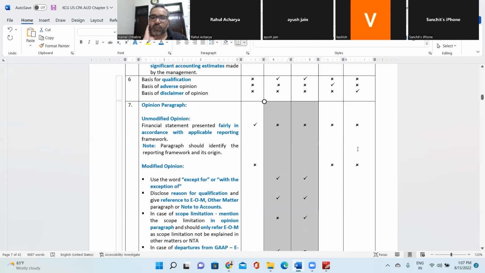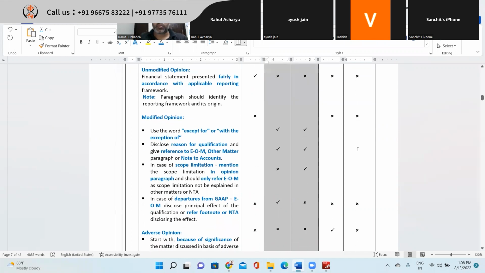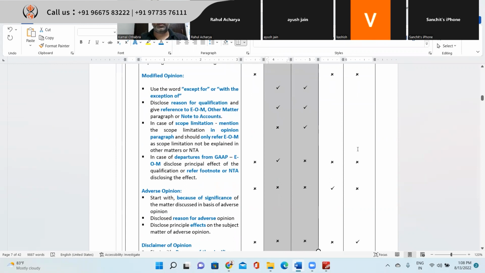What is the basis of qualification? First you need to mention it, and then in your audit report, in the opinion paragraph, you'll say that the financial statements are presented fairly in accordance with US GAAP, except for, or with the exception of. You can use either language. So either word you can use when you are drafting the modified opinion, right?